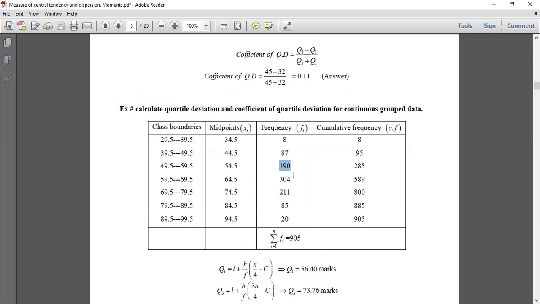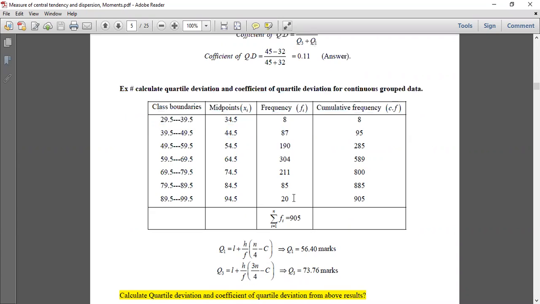Sir, F will be 7. The last value of f, right? Calculating the value of f, the value of f will be 190.